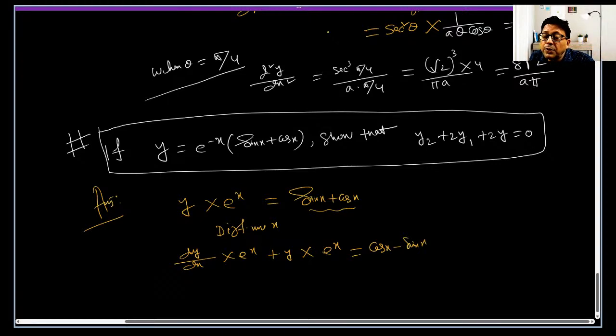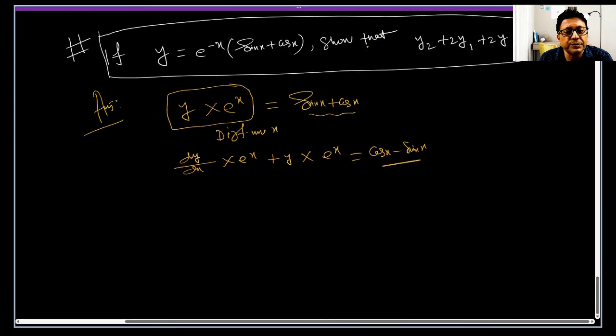Now what to do? What is the advantage? Because you got sin x plus cos x here. Next time if we differentiate, I can see that I am getting this term back on the right side. So there is a possibility that we can replace it by y into e to the power x. That I am going to do.